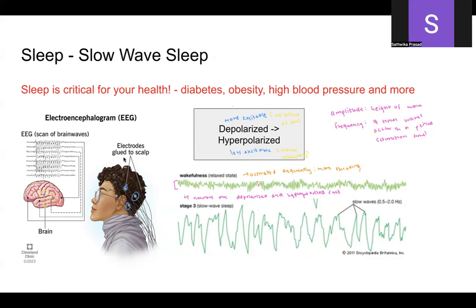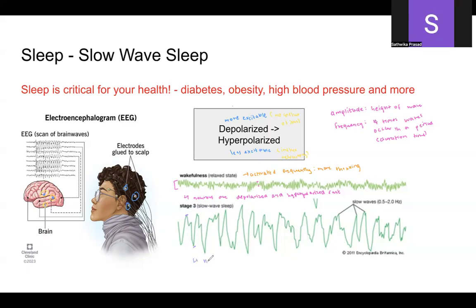You can see how the amplitude here is much, much larger, which shows here that, sorry about that, guys. So basically, what we see here is that your amplitude is very large, which means that your waves or your neurons are becoming depolarized to hyperpolarized much slower.